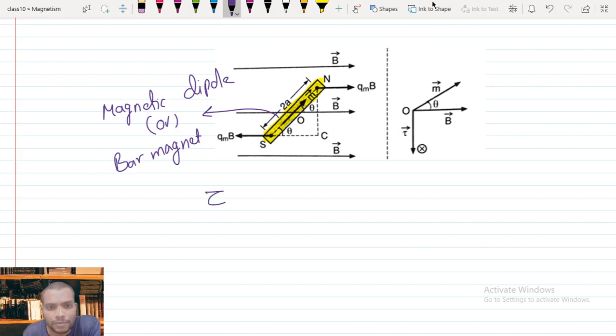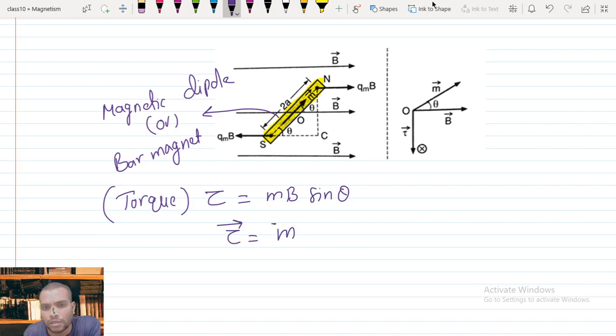So we derived the expression for torque, tau equal to mB sin theta. We write this in vector form, tau bar equal to m bar cross B bar. So this is the expression for torque.